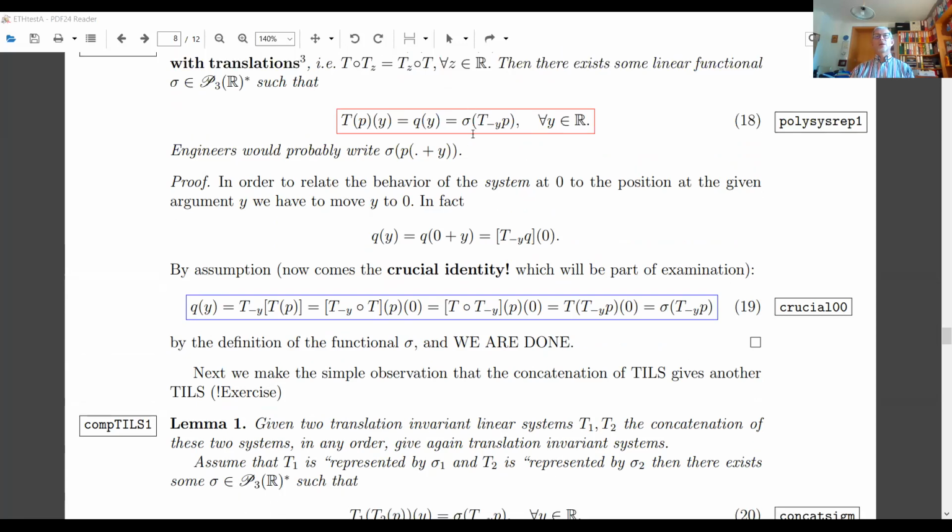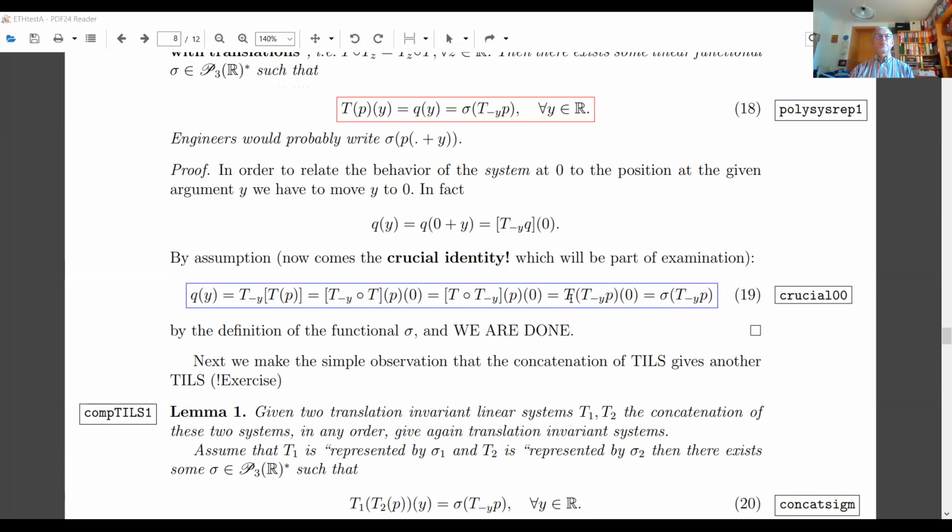We define the functional sigma of any polynomial, in this concrete case of T_Y of P, to be the value of the polynomial at 0. So by the definition, we have this representation.